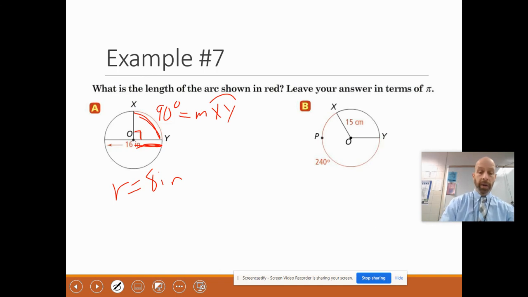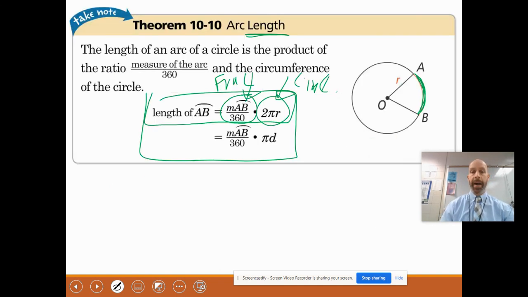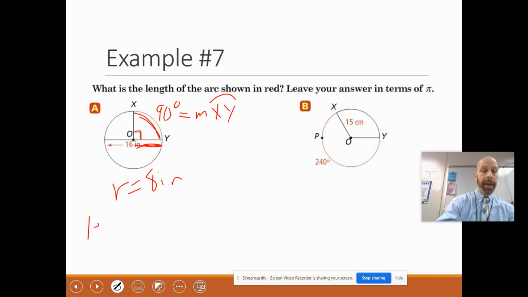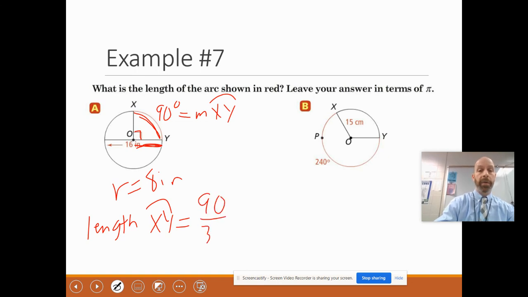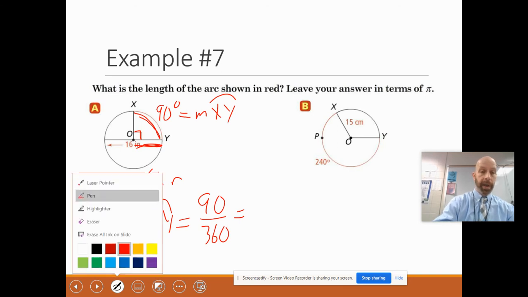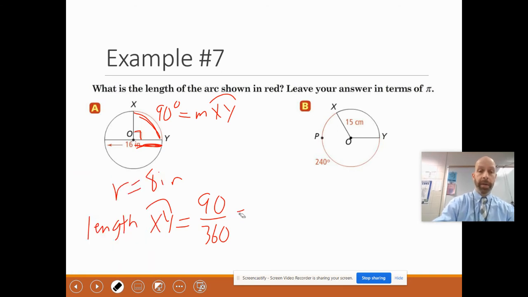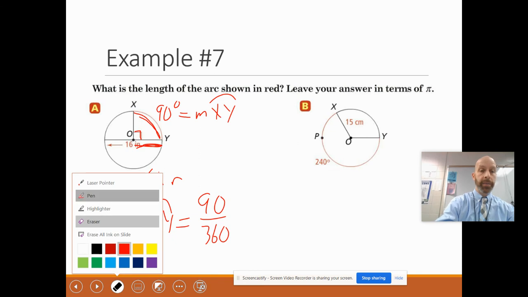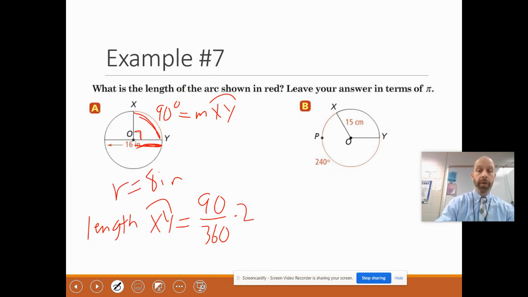So we're going to now use our formula that we had on the last slide, and we're going to say that the length of arc xy is equal to 90 over 360 times 2 times pi times r.